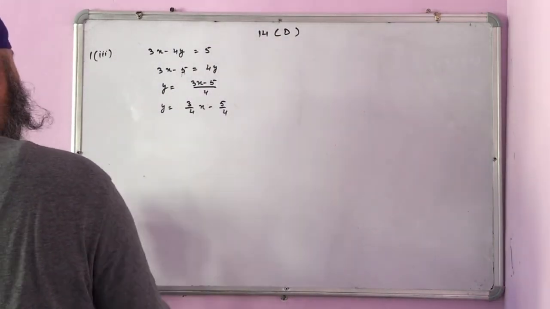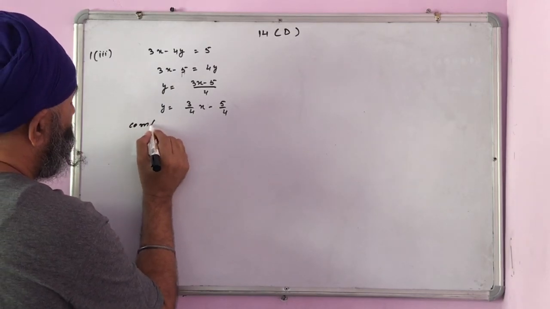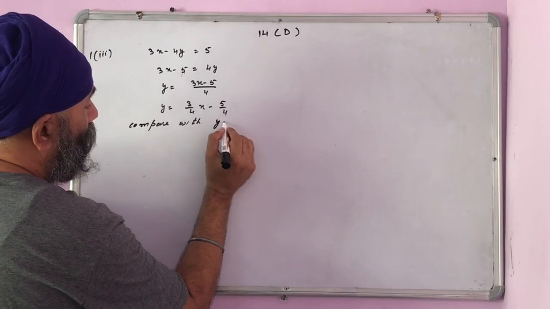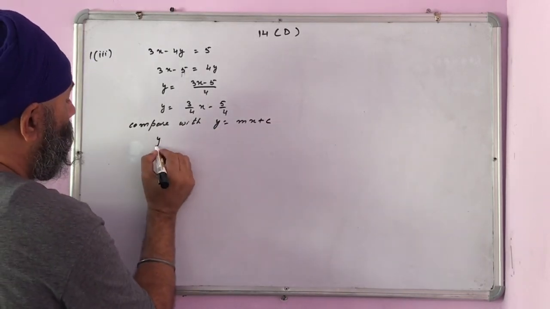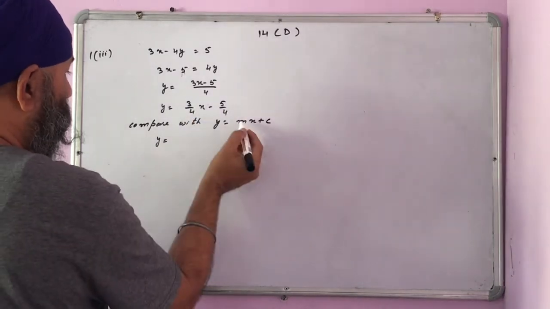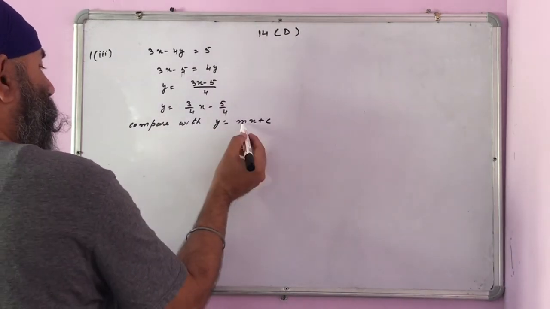Compare with y is equal to mx plus c. So in place of m it is 3 by 4. So m means slope.